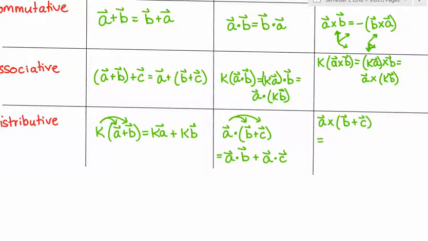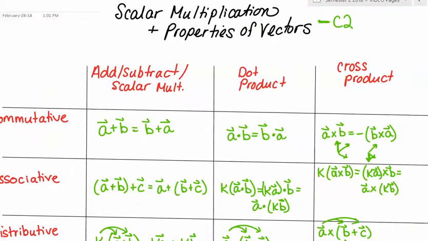So we can just distribute it like this. So it would be vector A cross vector B plus vector A cross vector C. Okay. So that's our vector properties.